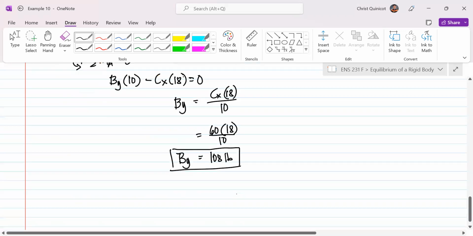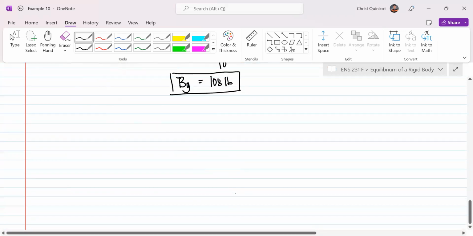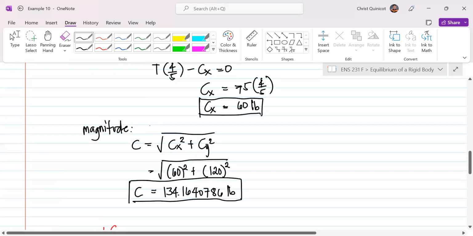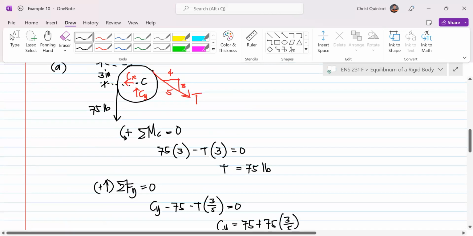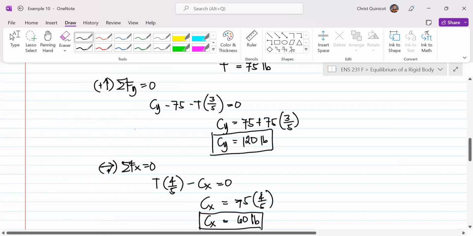Our B sub y. So knowing B sub y, we can now do our force summation. Okay, let us start with our x. Summation of forces x is equal to 0, assuming to the right is positive. So that is A sub x plus C sub x, right? Because again, C sub x now will be to the right in order for us to have an equilibrium at our pulley. Since when we did our analysis in our pulley, C sub x is to the left.